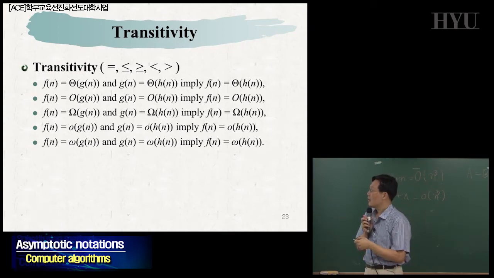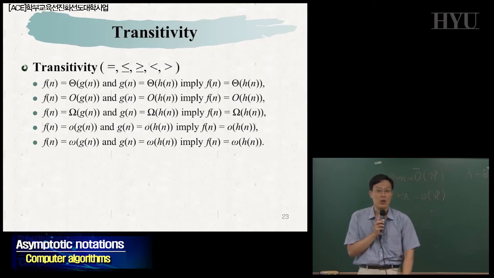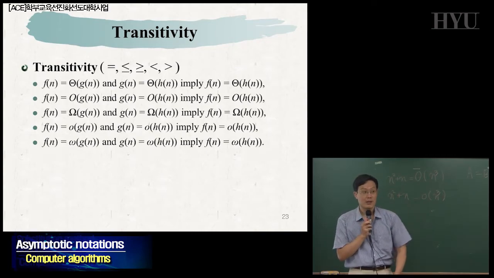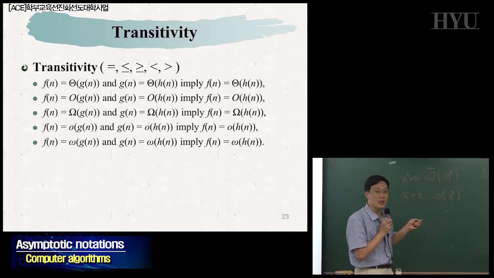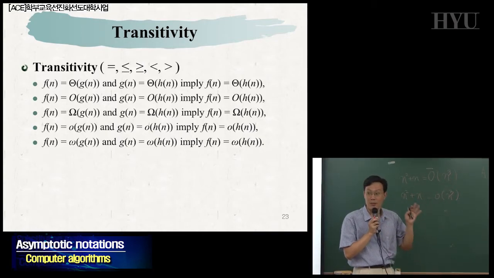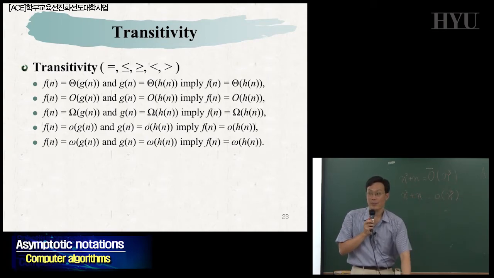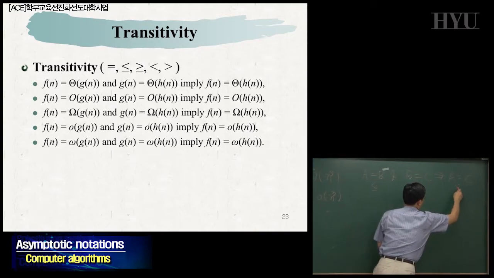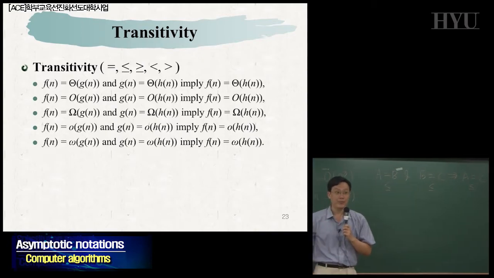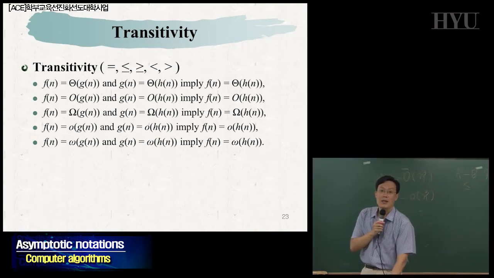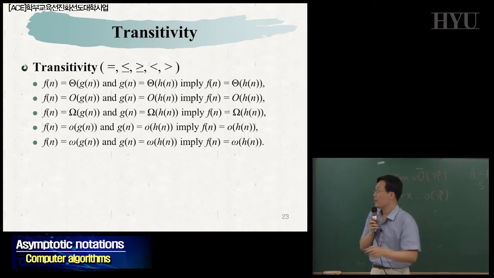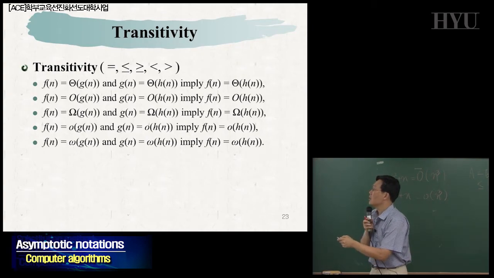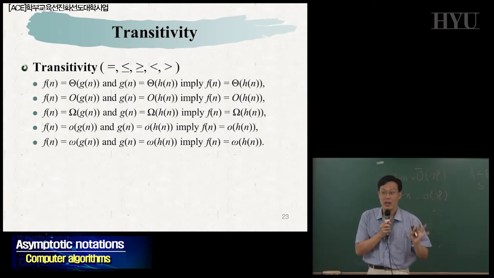And less than or equal to is also transitive. That means if A is less than or equal to B and B is less than or equal to C, then A is less than or equal to C. And transitivity is satisfied for all these comparison operators. And you know that.